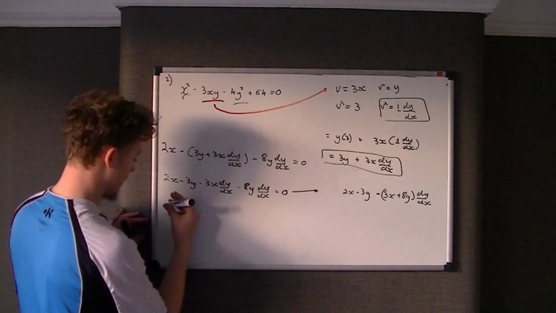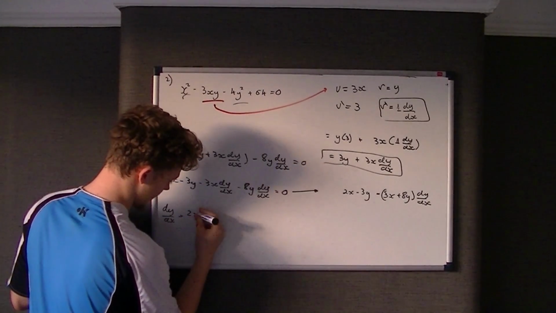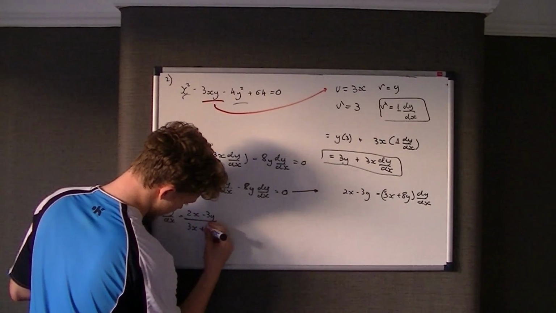So in case of making dy/dx the subject now, dy/dx is equal to 2x take 3y over 3x plus 8y.